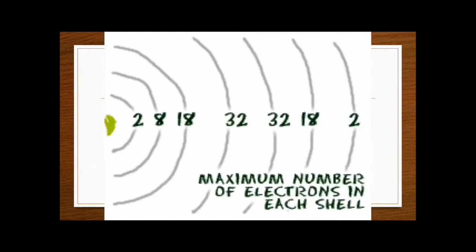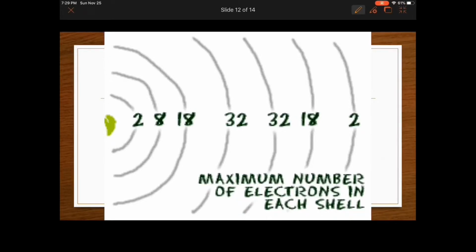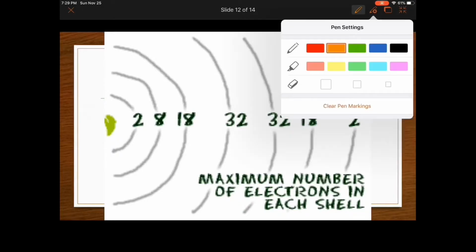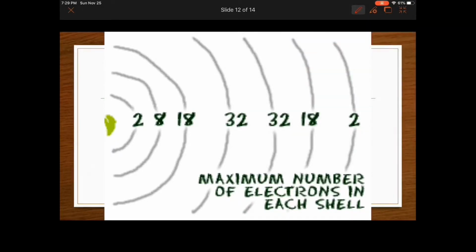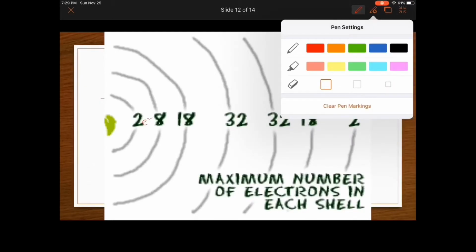So I do have a picture here that kind of shows what I am looking for when it comes to showing the electrons. The only difference here is that I am going to have you write the little E- afterwards to show that these are electrons.